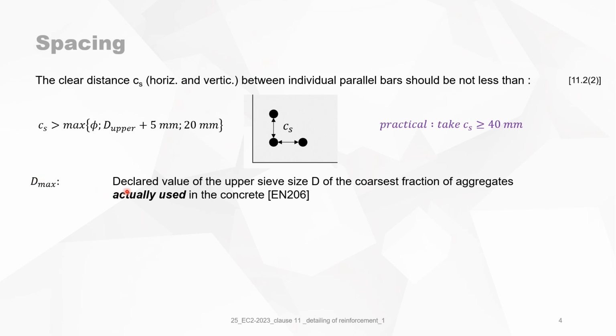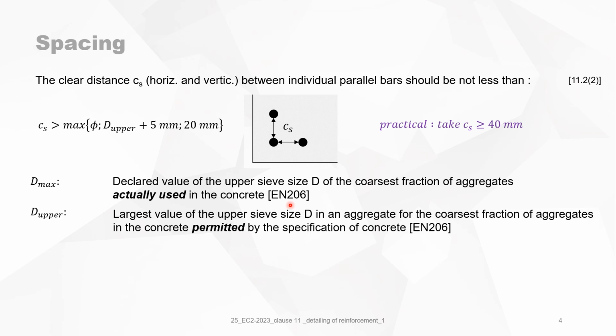D max is, by definition, the declared value of the upper sieve size D of the coarsest fraction of aggregates actually used in the concrete, according to EN 206. D upper is the largest value of the upper sieve size D in an aggregate for the coarsest fractions of aggregates in the concrete permitted by the specifications of the concrete according to EN 206.